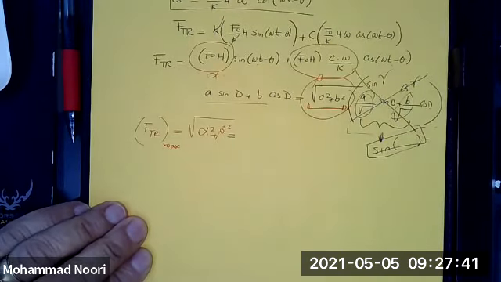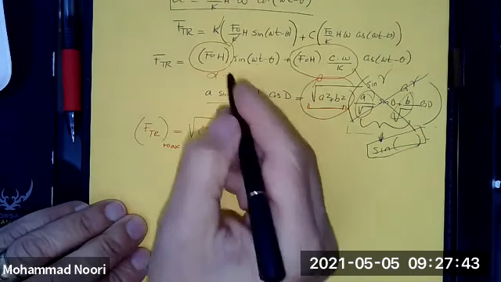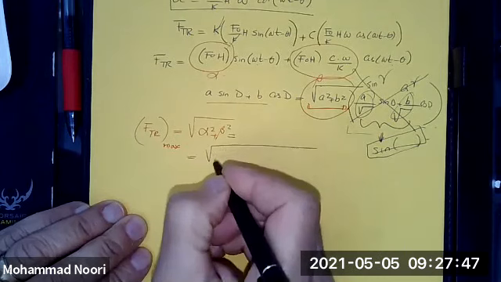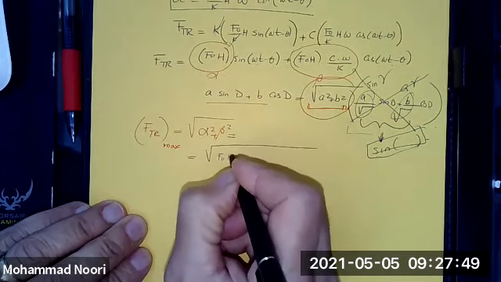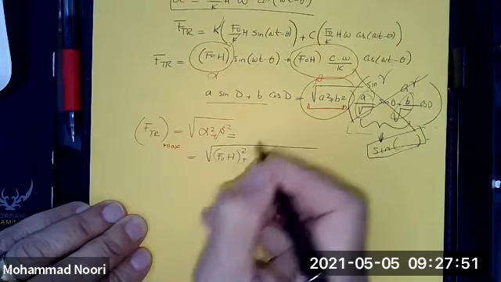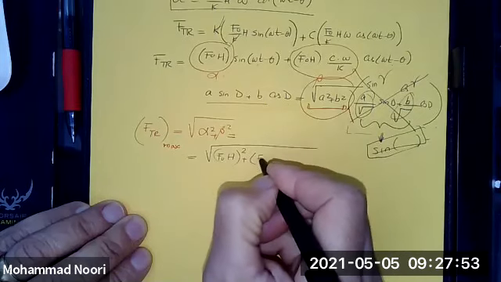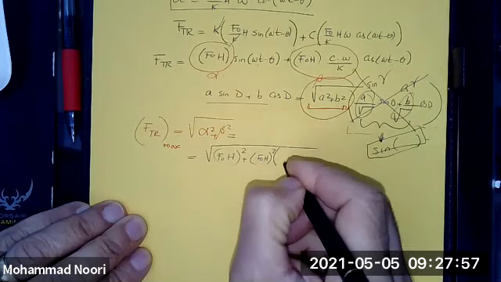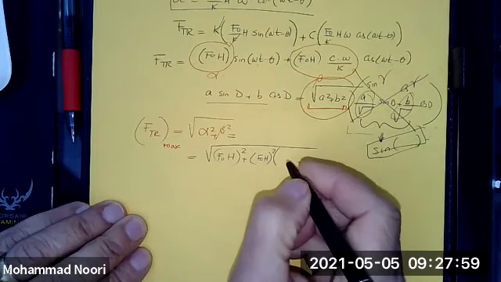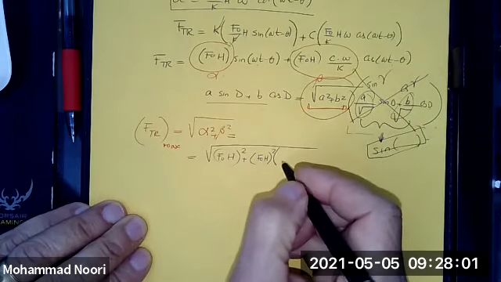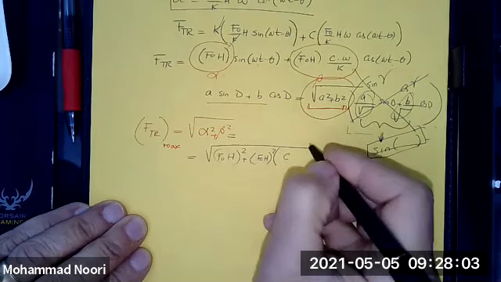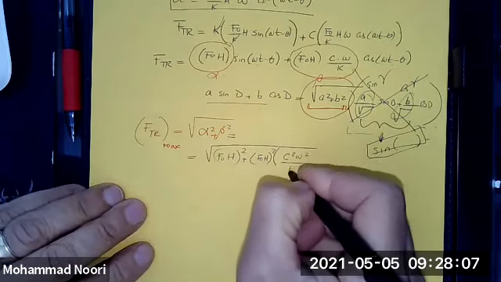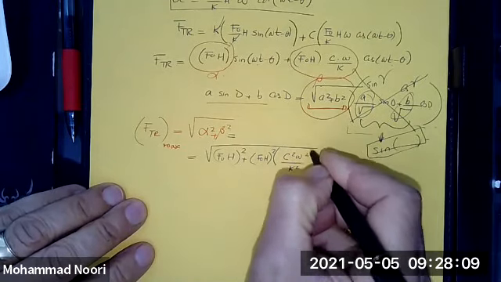So this maximum value would be simply the square root of F0 H squared plus F0 H squared times C squared omega squared over K squared.